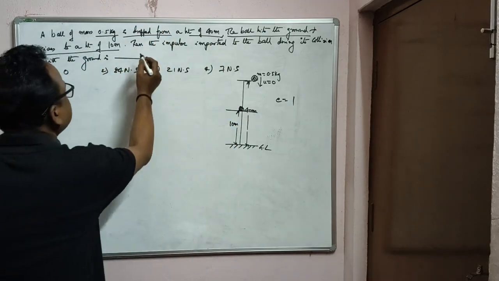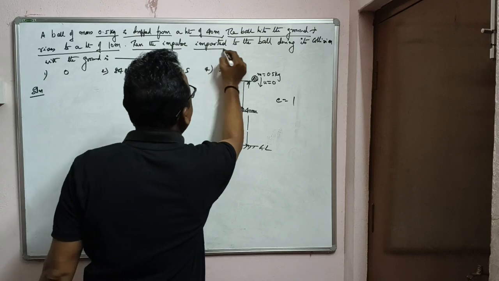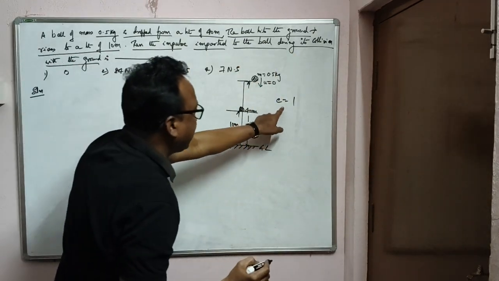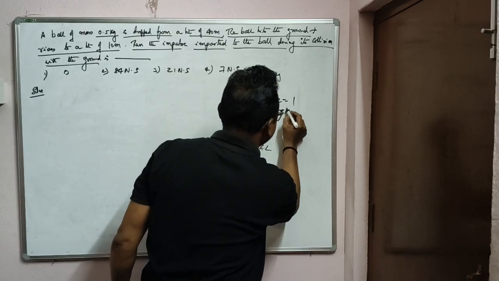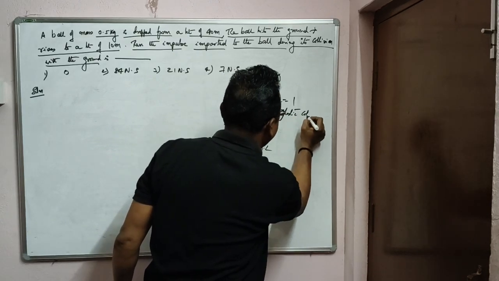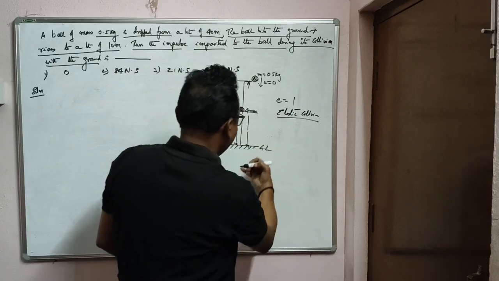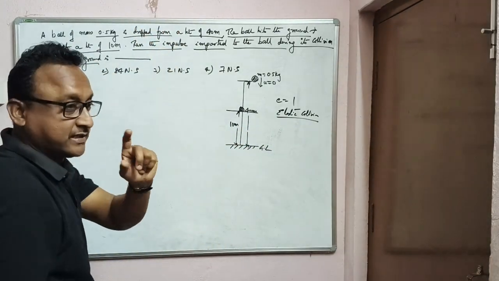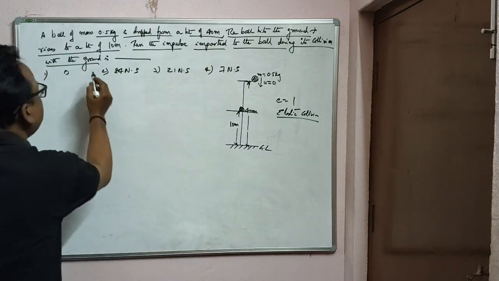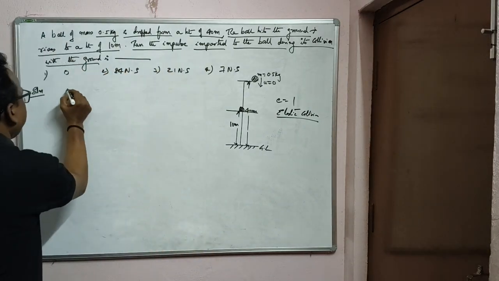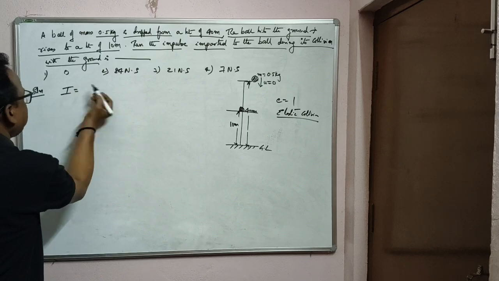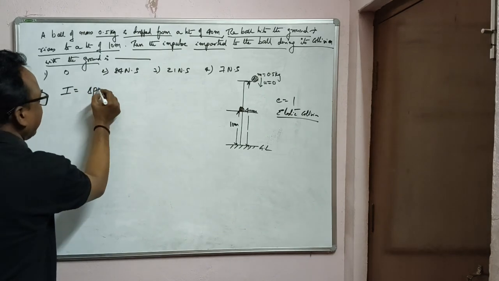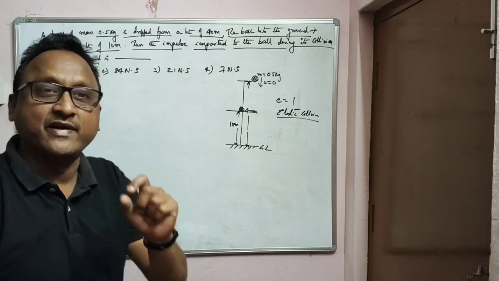Now, the impulse imparted to the ball during its collision. Of course we know the collision is elastic, because after hitting it goes up to a height. Here we have to consider a sign convention also, because impulse means change in momentum, delta P. Momentum is a vector quantity.